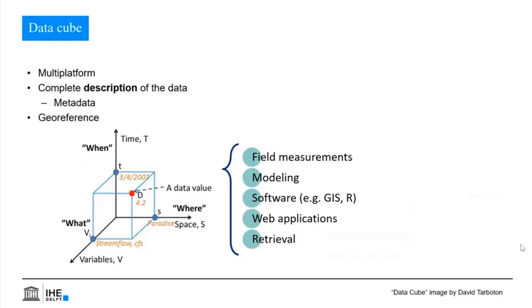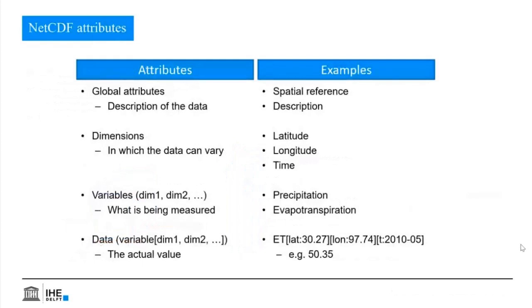And in the NetCDF file, you can also store multiple variables. So not only the global attributes like spatial reference and description, and the dimensions with latitude, longitude, and the time index, but it can also store multiple variables. For example, in one NetCDF file, you can have precipitation, evapotranspiration, and other variables.